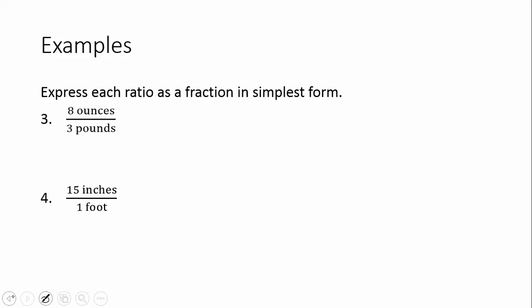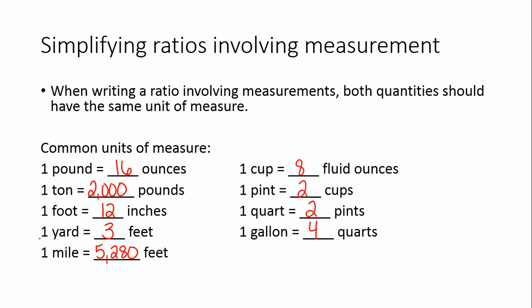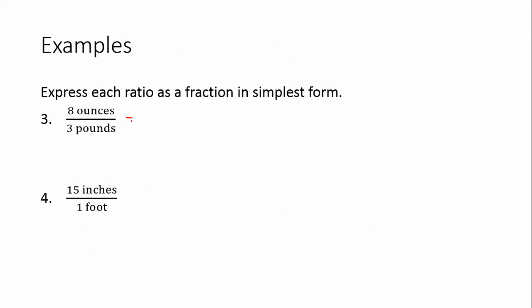So if we go back, we saw there were 16 ounces in a pound. So if we have 3 pounds, then we take 3 times 16, and we get 48 ounces.